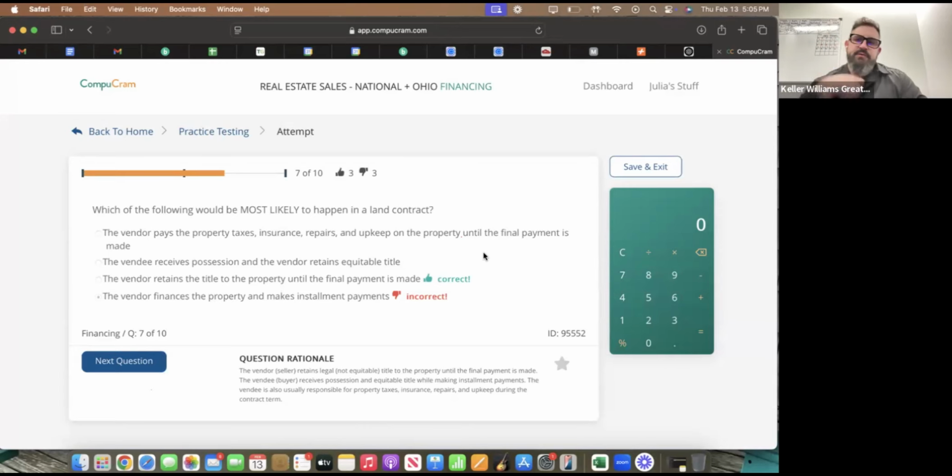In these situations, remember that vendor and vendee can be very confusing. If you just remember that the vendor is the seller and the vendee is the buyer, that can definitely help.